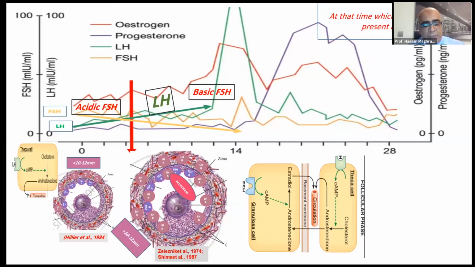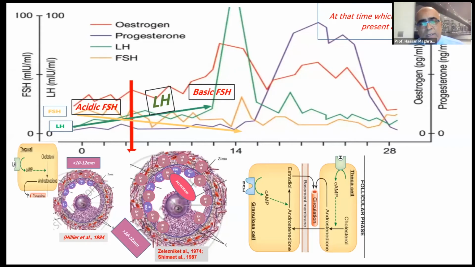Wave 2, which is the follicular phase wave, is divided into two phases. The first half of the follicular phase is when follicles are smaller than 12 millimeters and they don't have LH receptors on their granulosa cells. These granulosa cells contain only FSH receptors.